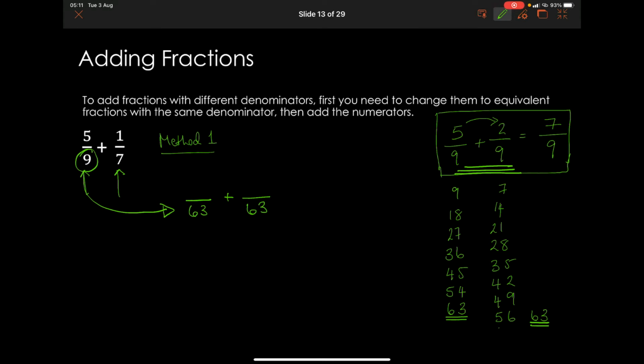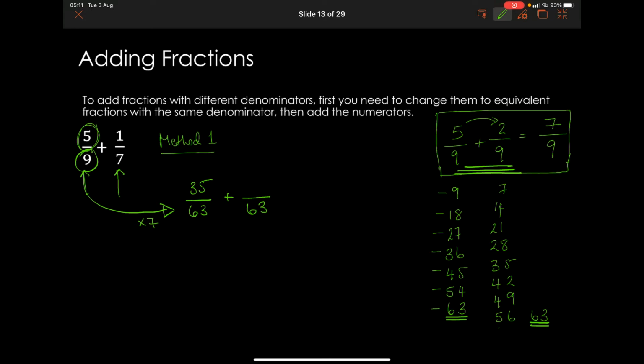If I count 1, 2, 3, 4, 5, 6, 7, I multiply by 7. That means I'm going to have to multiply 5 by 7, because remember, I have to do the same to the top as I do to the bottom. 5 times 7 is 35.